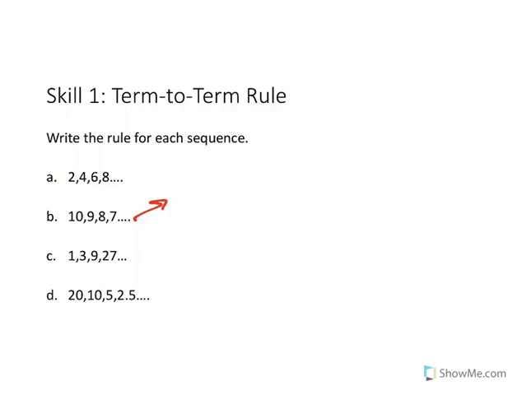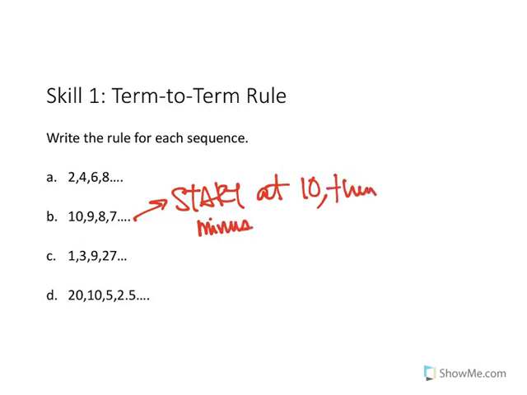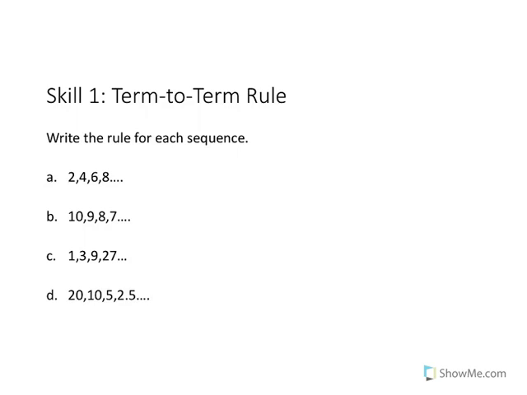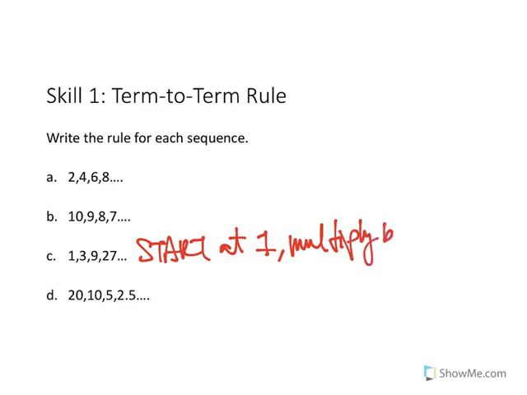In B, you start at 10 and then minus 1 each time. In C, you have to start at 1, then multiply by 3 each time.